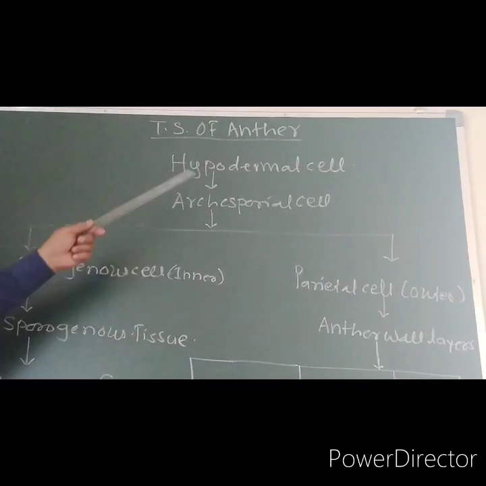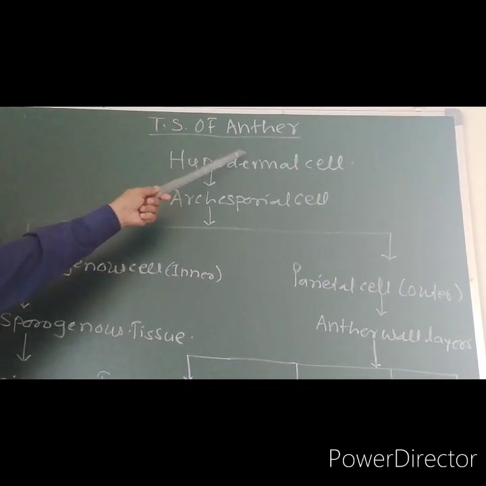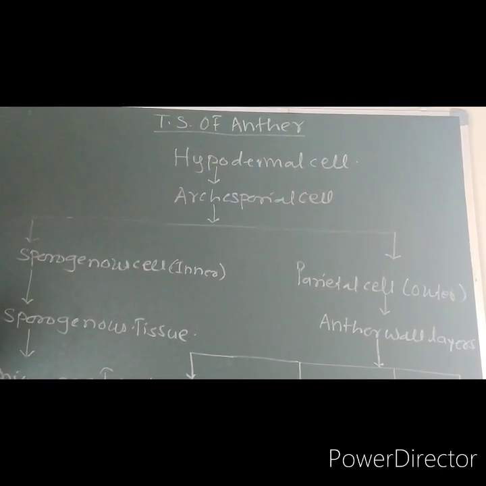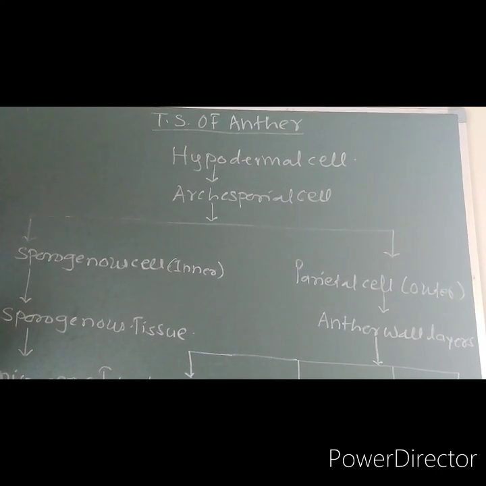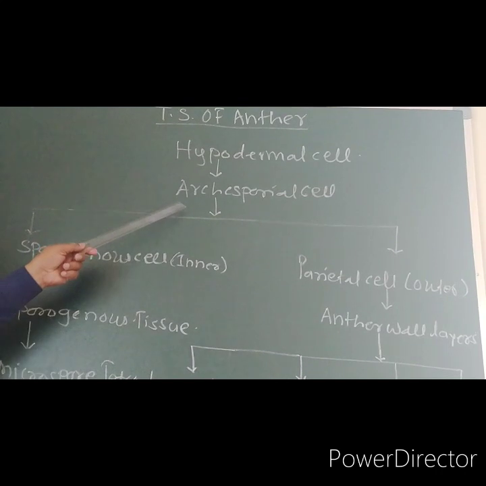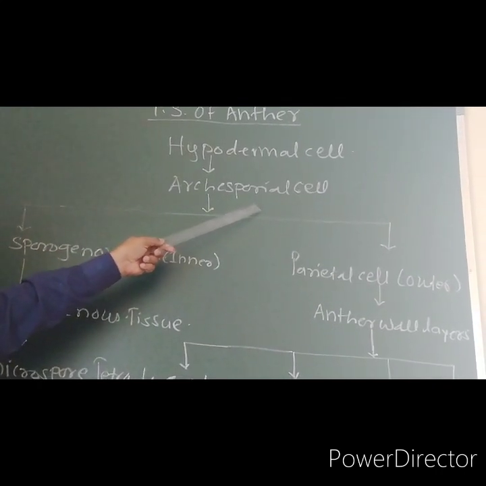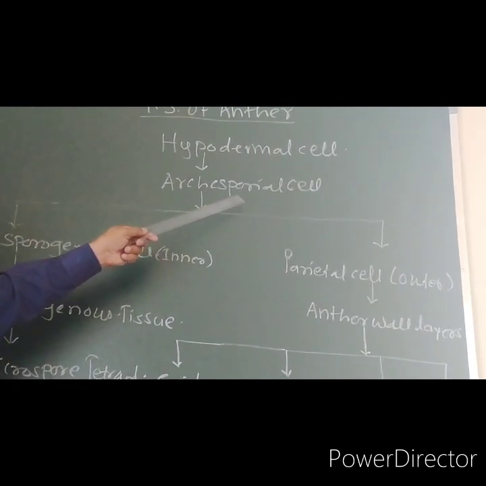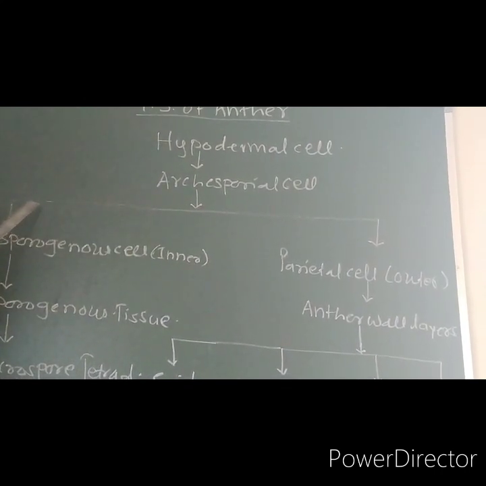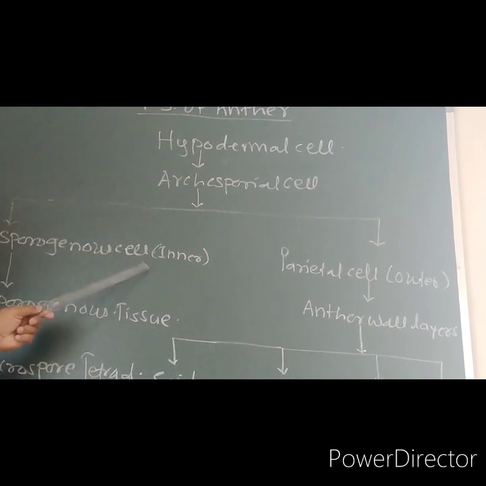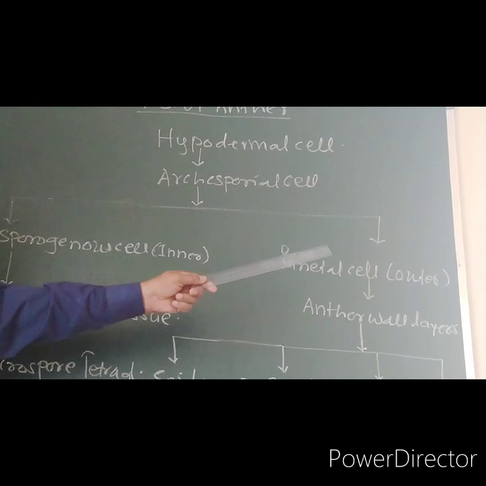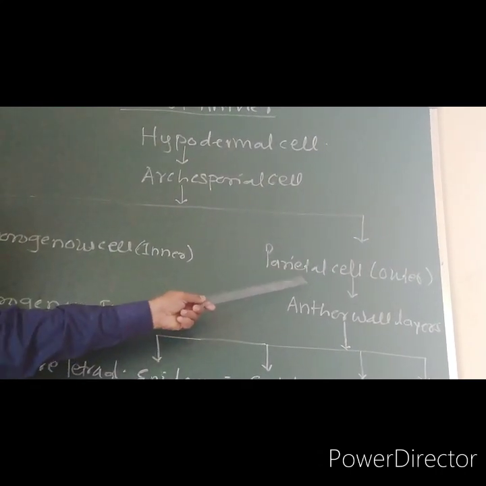Now we study the development of the anther. During differentiation, some hypodermal cells get transformed into archesporial cells. Now these archesporial cells divide into an inner cell called sporogenous cell and an outer cell called parietal cell.